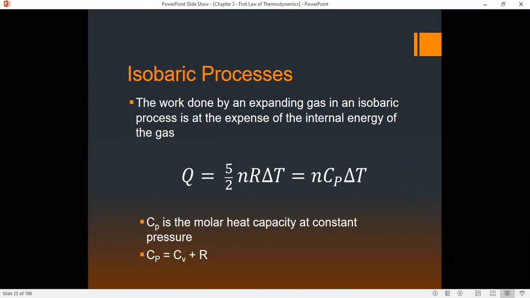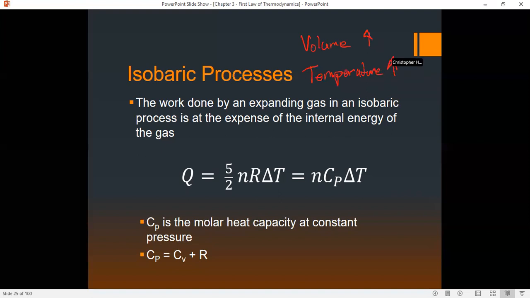So in an isobaric process, two things are happening. Volume is increasing if it's an expansion, okay? And temperature is also increasing.